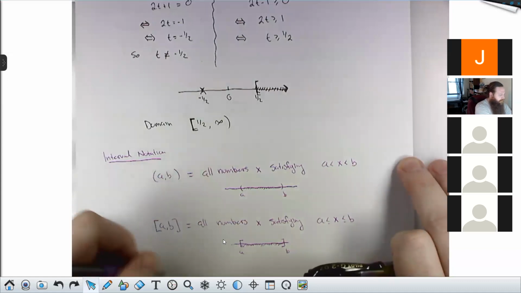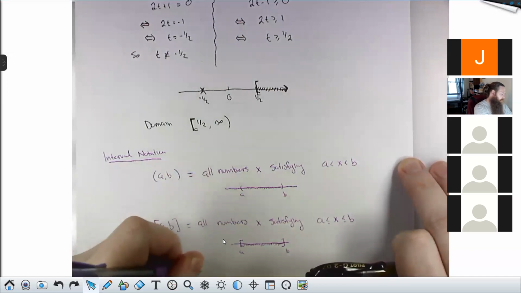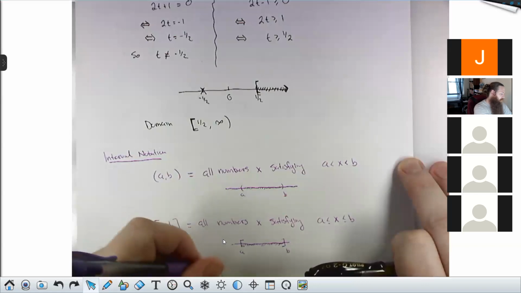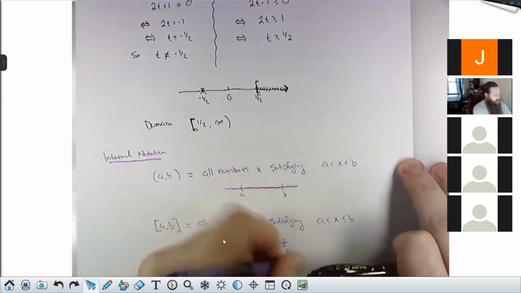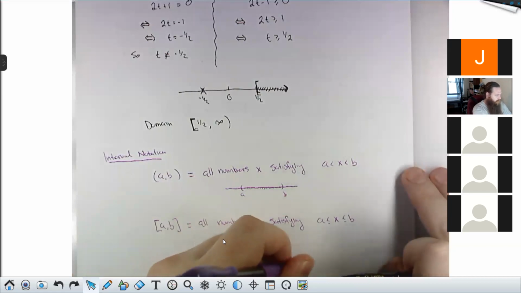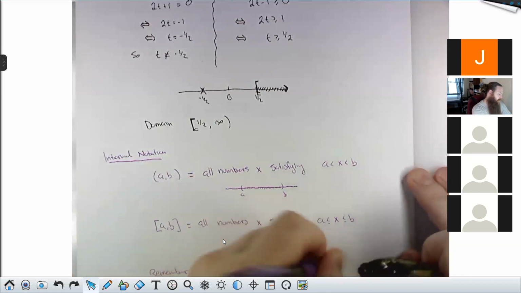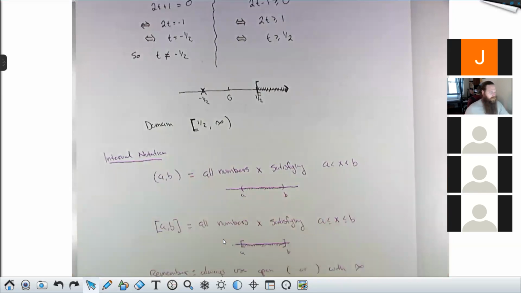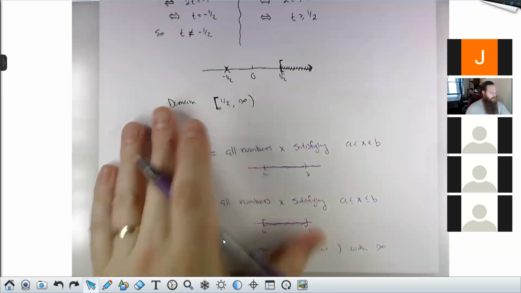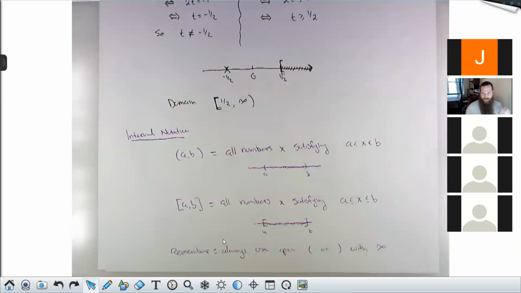And then the infinity symbol, we always use open parens with the infinity symbol, because infinity isn't technically a number, it's not a real number. We cannot get to infinity, so it wouldn't make sense to say I'm going to include infinity.